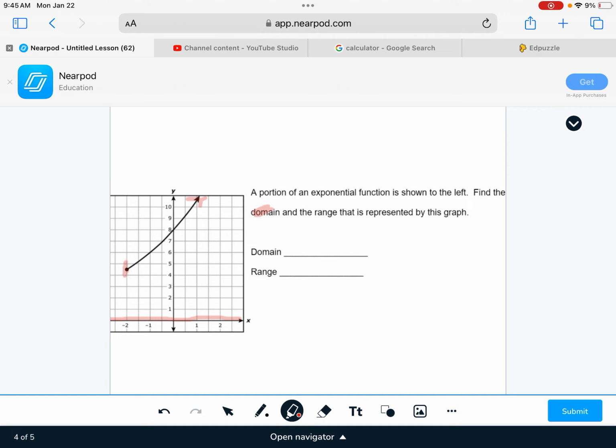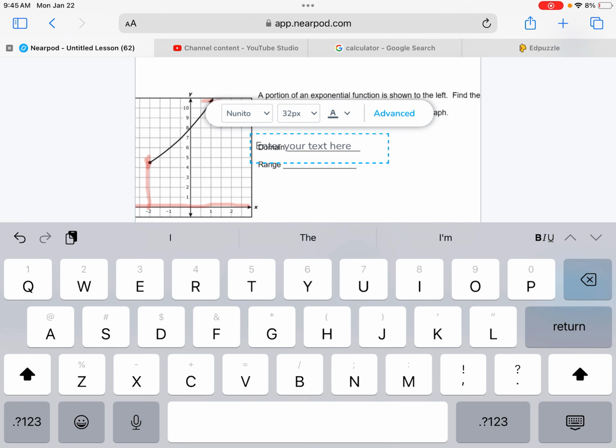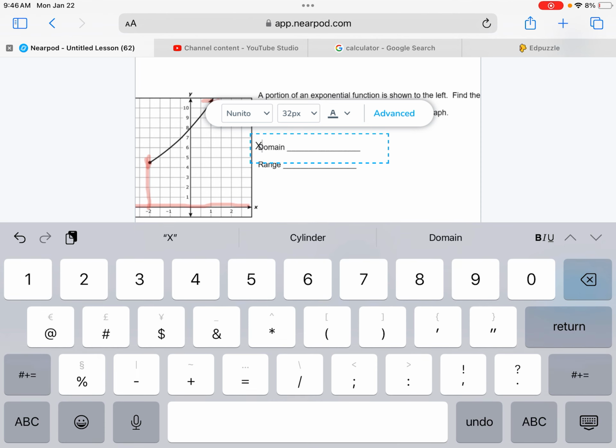However, I've also got a limit here. I've got a spot that says, I can't get smaller than this. This is the smallest I could ever be. And that number is -2. So when I look at that -2 here, I go, okay, x, you have to be greater than or equal to that -2.